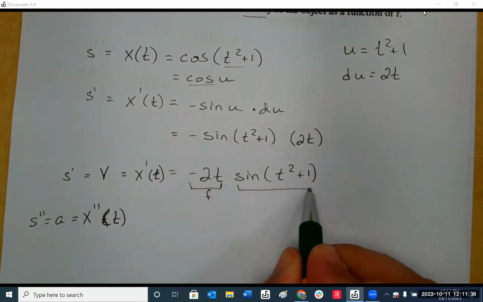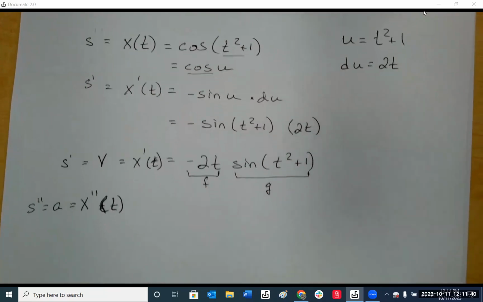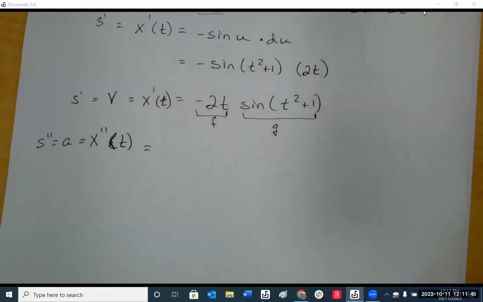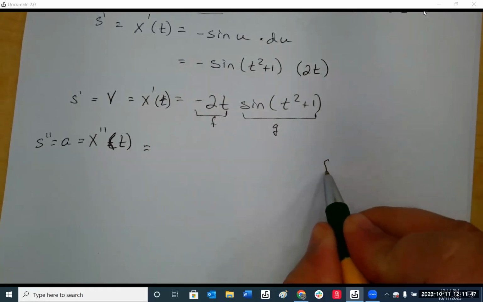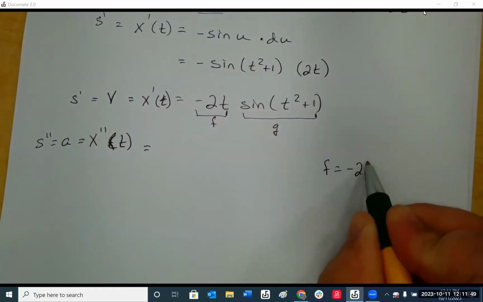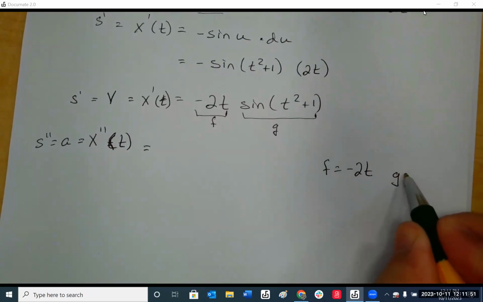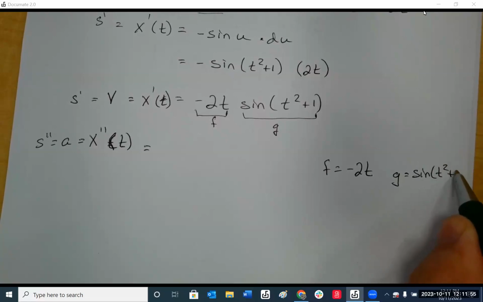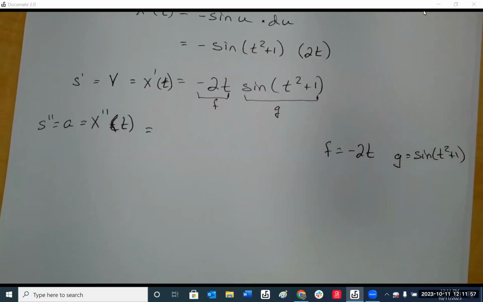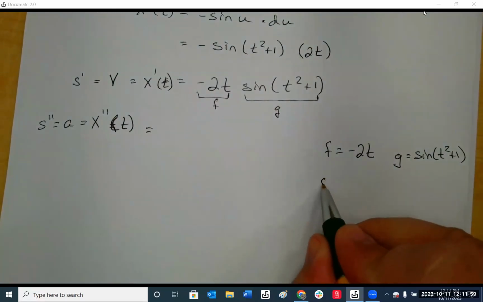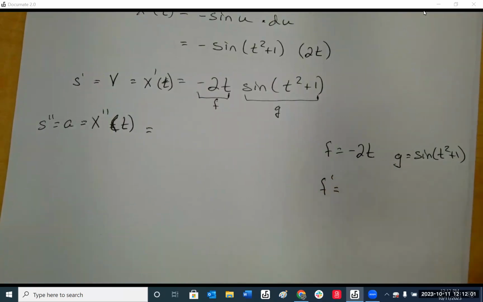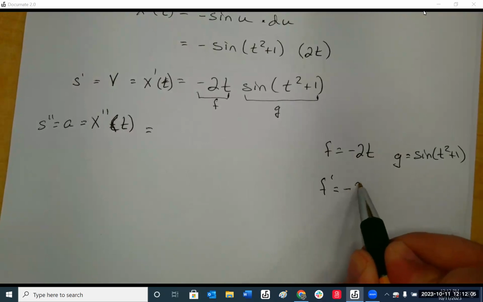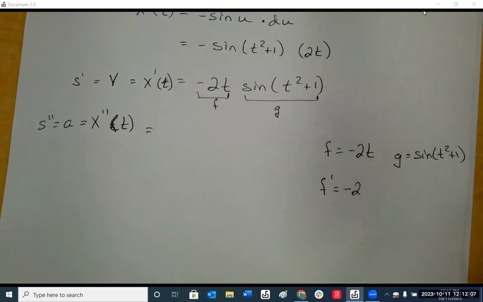That's f, and that's g. We're going to use the product rule. Negative 2t sine t squared plus 1. So the first derivative of negative 2t is negative 2.